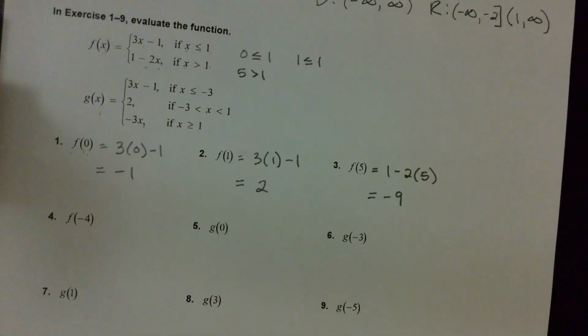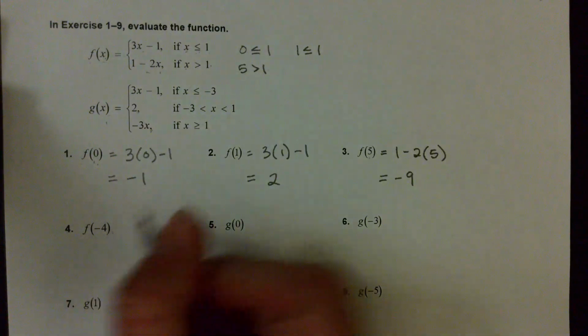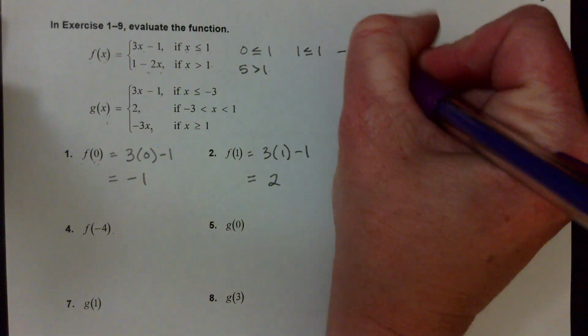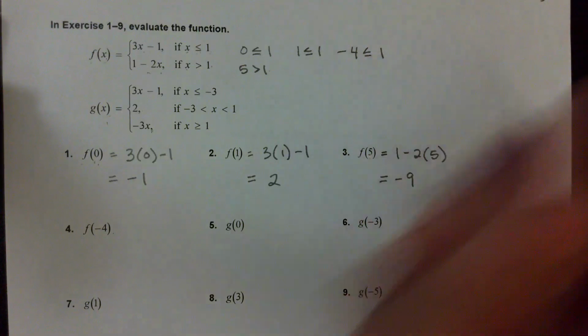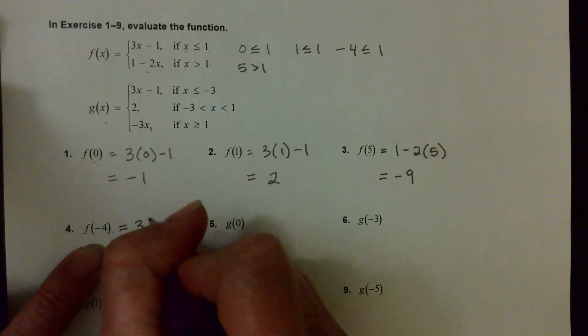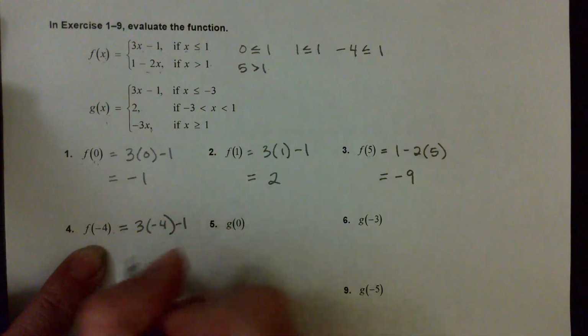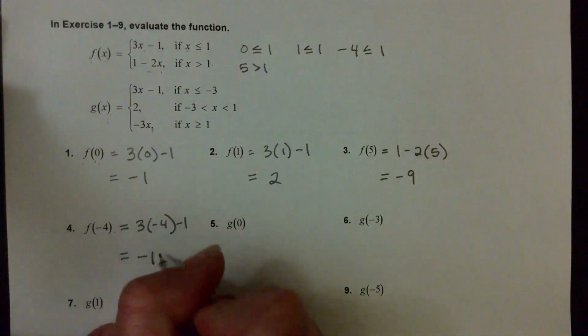Now our next one, f of negative 4. Negative 4 is less than or equal to 1, so we're evaluating the first branch. So 3 times negative 4 minus 1, negative 12 minus 1 would be negative 13.